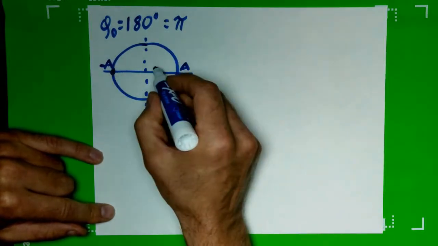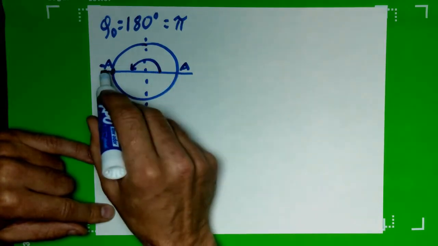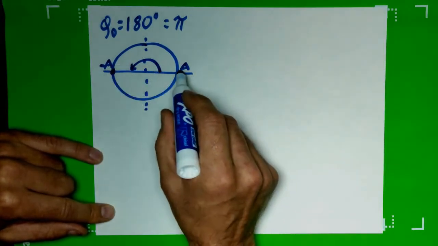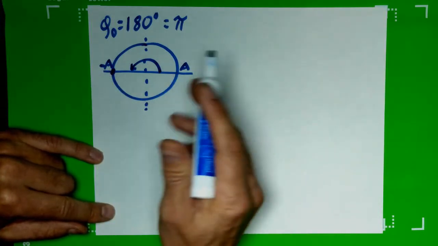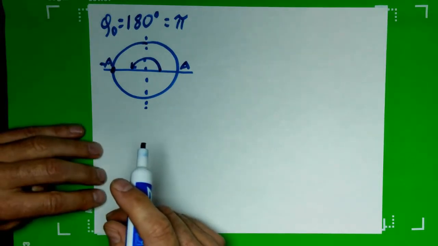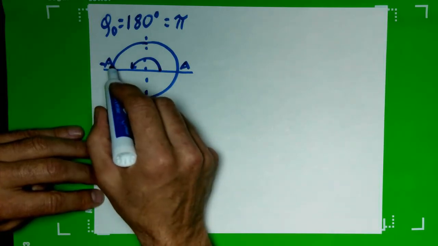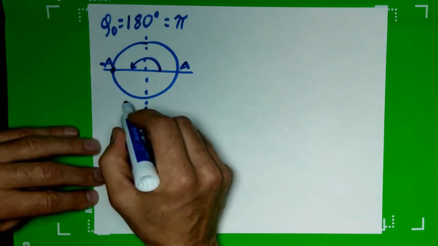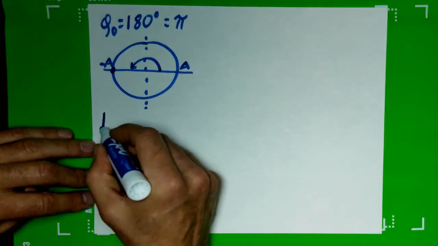So we have started not at maximum positive amplitude, but at maximum negative amplitude. In the case of a mass on a spring, this would be maximum compression for our standard horizontal spring.